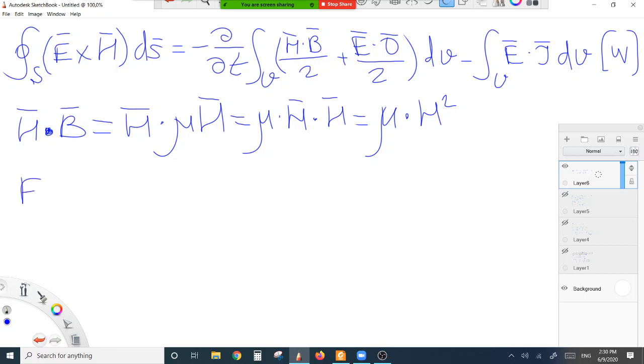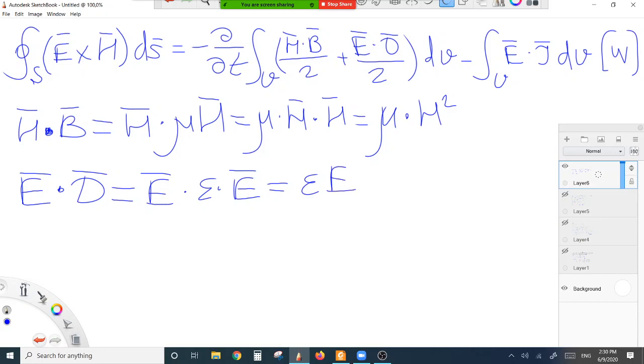Similarly, the electric field multiplied by electric flux density D will be equal to E multiplied by epsilon multiplied by E, and this is equal to epsilon multiplied by E squared.